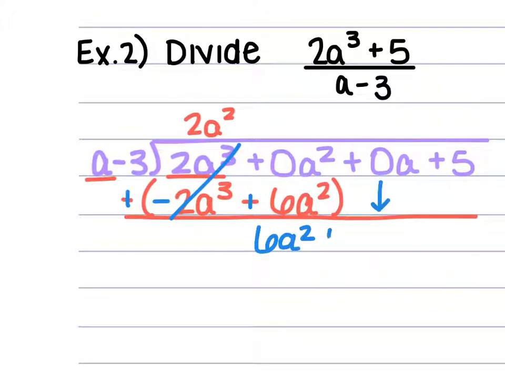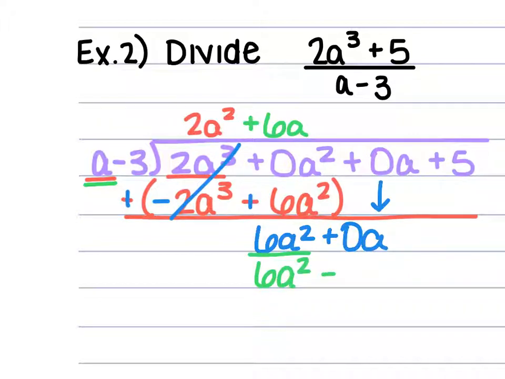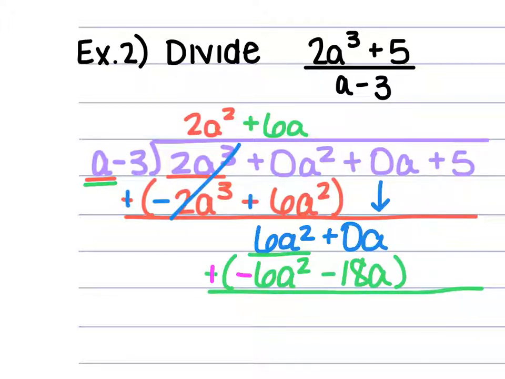I drop down that 0a, and then I start all over again. The a times what is 6a squared? It's a positive 6a. So 6a times a minus 3 is going to give us 6a squared minus 18a. So then I'm going to subtract again, or add my opposites.